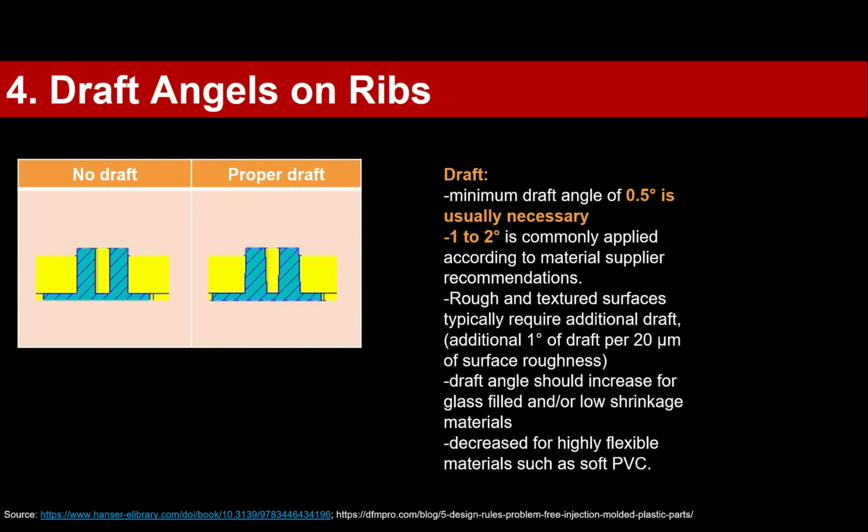So the rule of thumb is to use 1 degree of draft per 20 microns of surface roughness additionally. When you use glass filled or low shrinkage material, then the draft angle should be increased. And if you use highly flexible materials such as soft PVC, then you can also decrease it, because it's easier to eject.